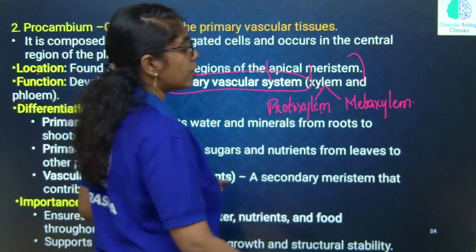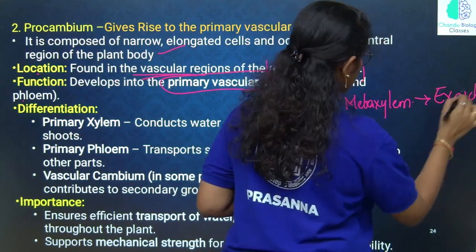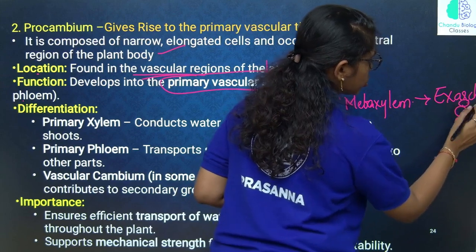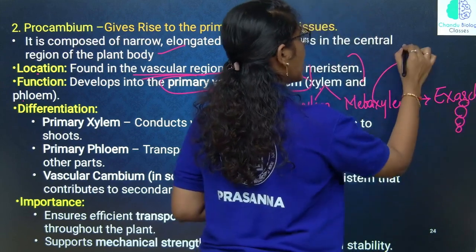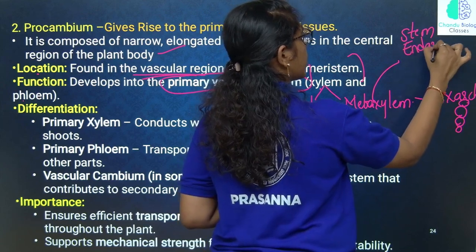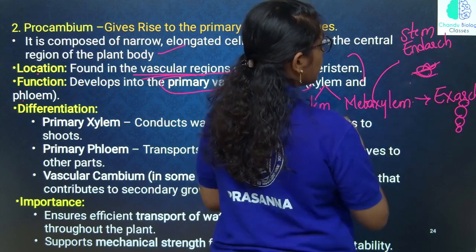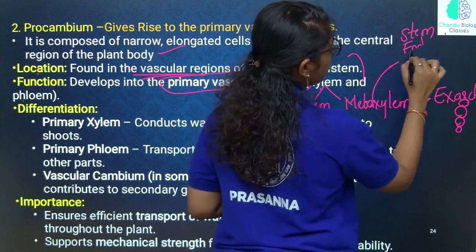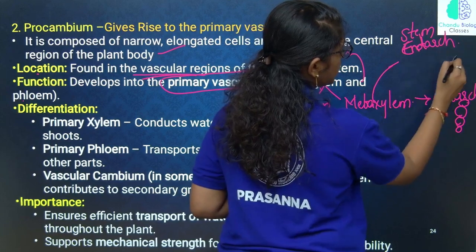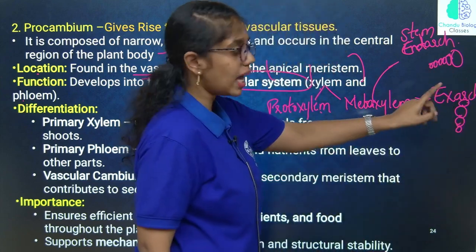Whose occurrence in root? In root it is exarch, where protoxylem is towards the periphery and metaxylem is towards the center at the pith. Whereas in stem, it is endarch, where metaxylem is towards the periphery and protoxylem is towards the center. This is the arrangement.